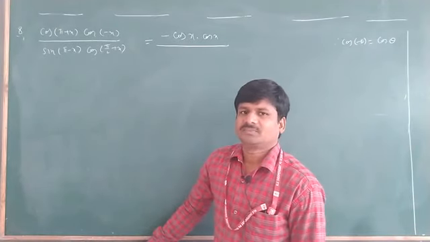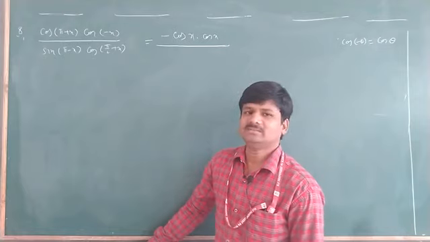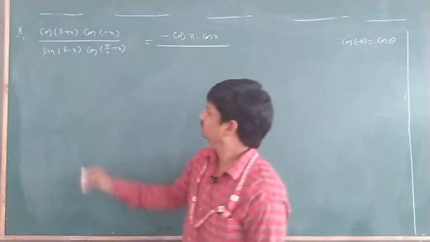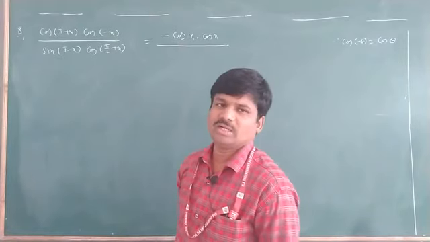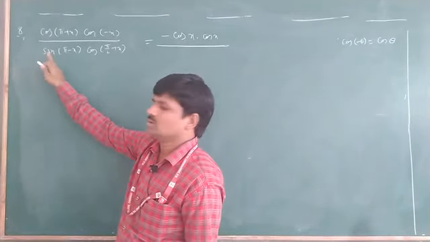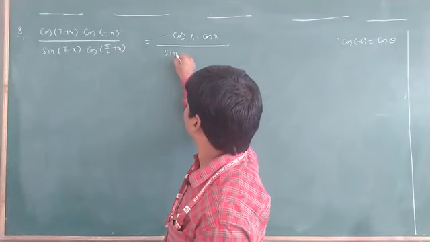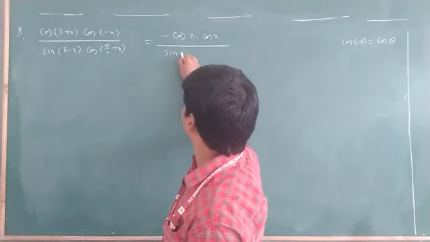Second quadrant. In the second quadrant, sin is positive, so we will get a positive value. Next, it is 180, so sin does not change. Sin stays sin only. Theta means here x.